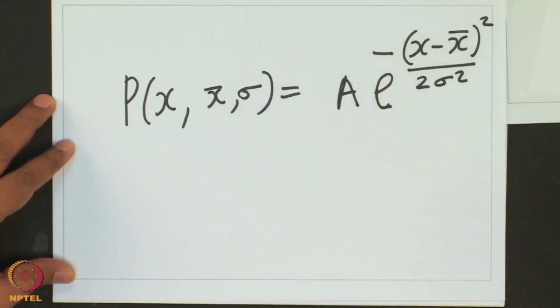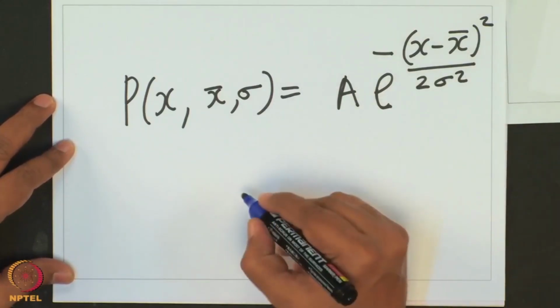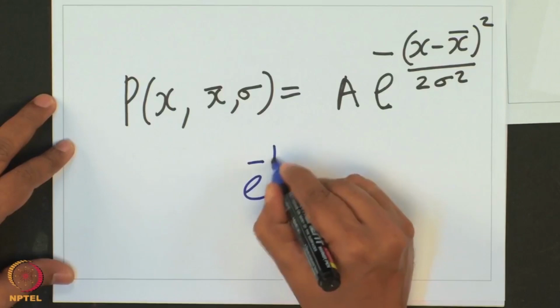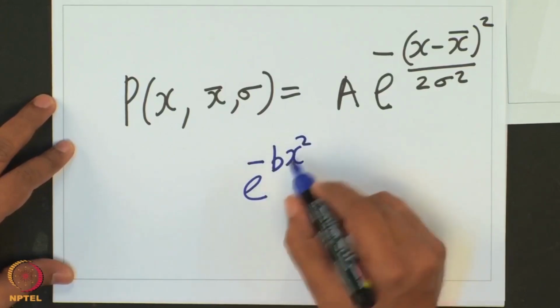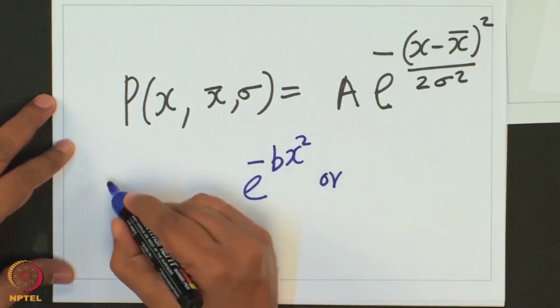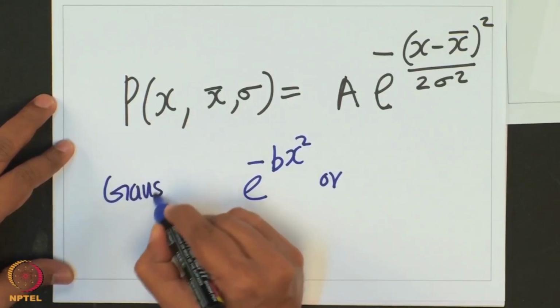This is a normal distribution. A typical normal distribution is e to the power minus b x square, so this is the Gaussian function.